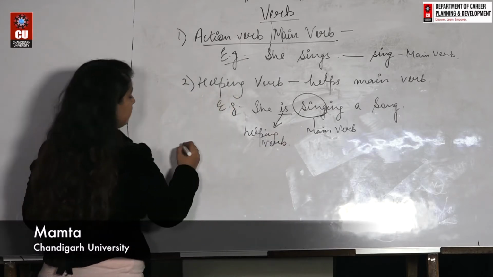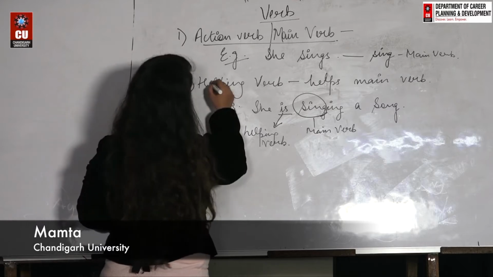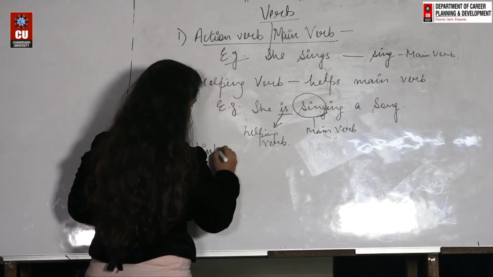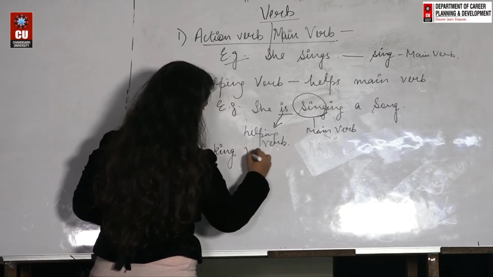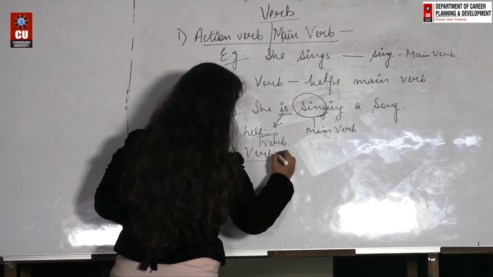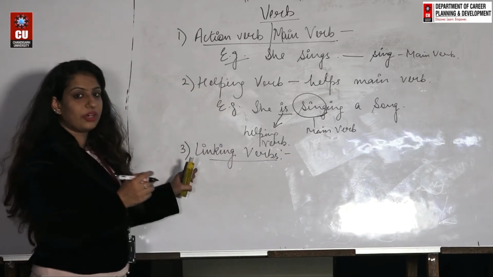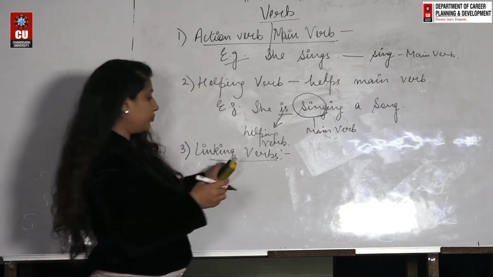Okay. So now the third type is linking verbs. The other name for linking verb is state of being verbs.